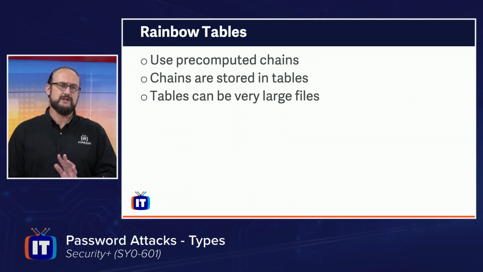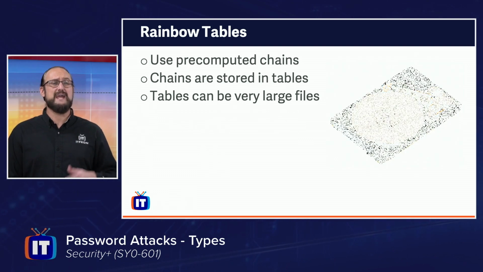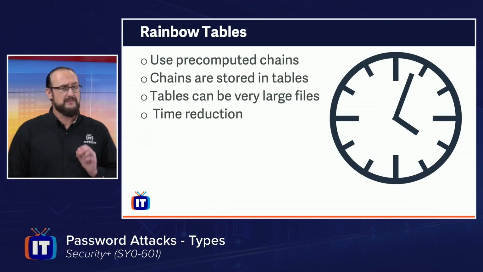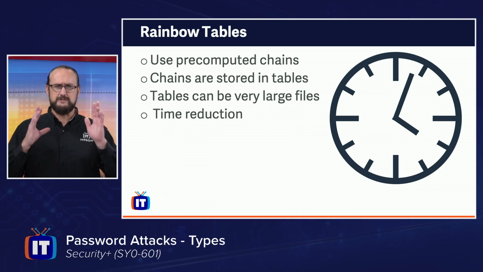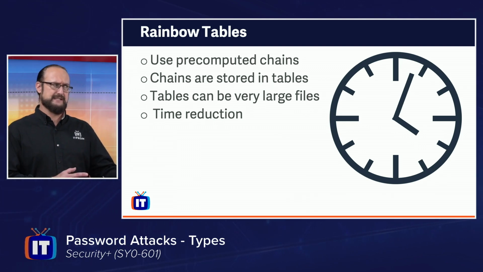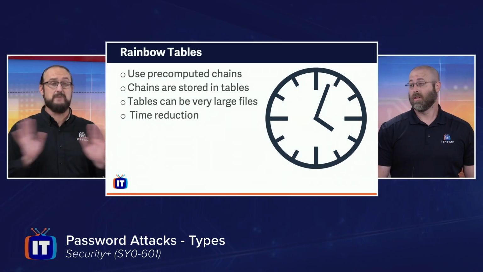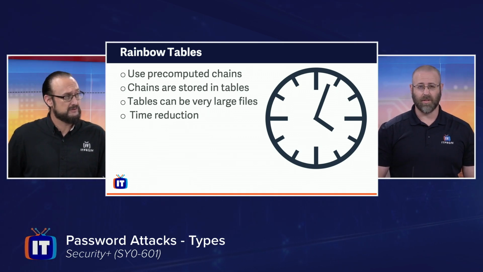And not only time reduction, keep in mind that the table files themselves can require a lot of storage. That is a very important thing to keep in mind. Now, Dan, I was just amazed when you said, when I say large files, give us an indication here. I was just amazed at the size of some of these rainbow tables. Oh, yeah. You can get rainbow tables that are 6, 7, 8, 9 terabytes.